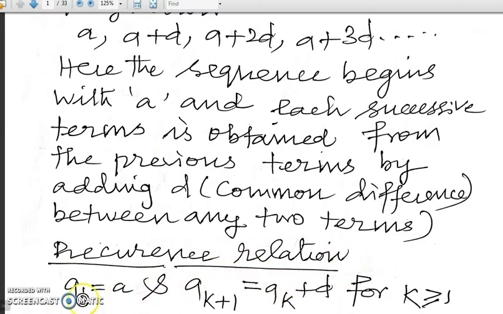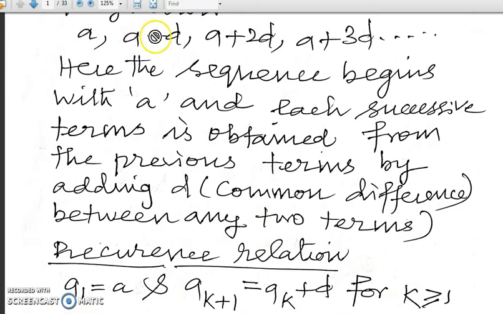Now look at that. What is the relation? If a1 equals a and a(k+1) equals a(k) plus d, for k greater than or equal to 1, then we will get this sequence, where a1 is equal to a. Let k equal 1, you will get a2 equals a1 plus d.